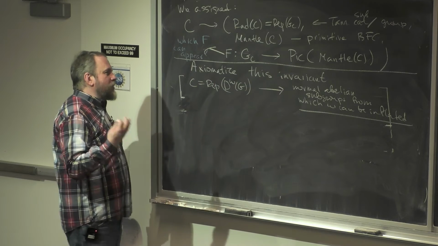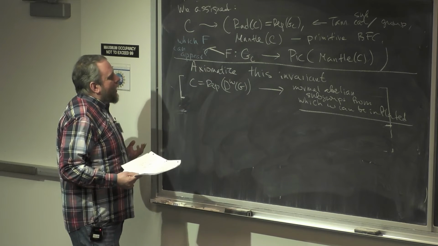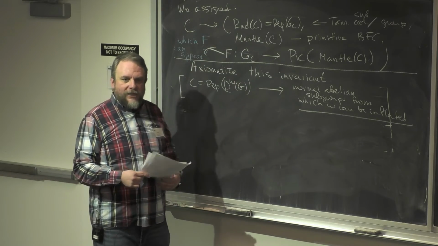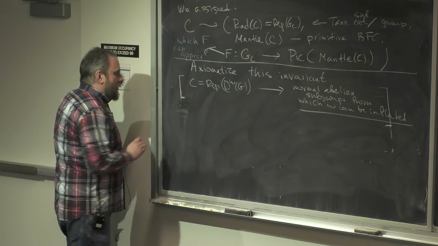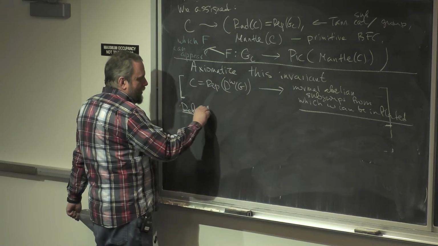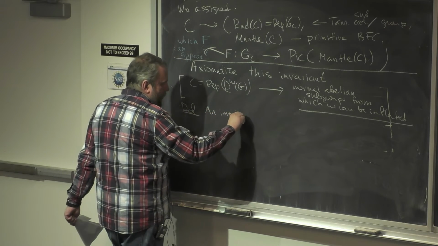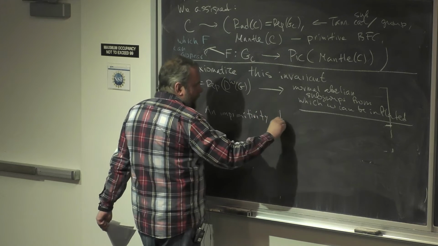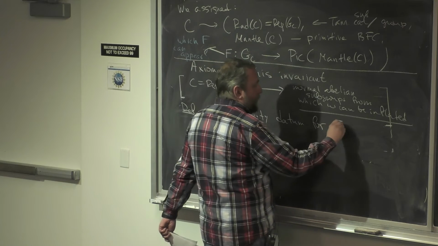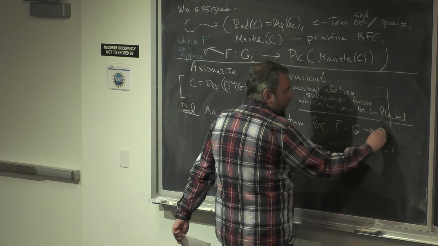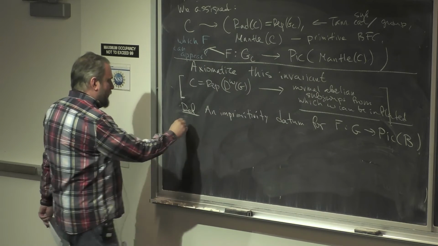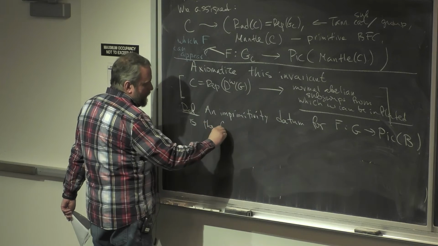So informally speaking, we will need functors F that are not induced from anything smaller, that are primitive. I'll come up with this definition. A primitivity datum for this functor F from G to the Pic of a braided fusion category B is the following collection.